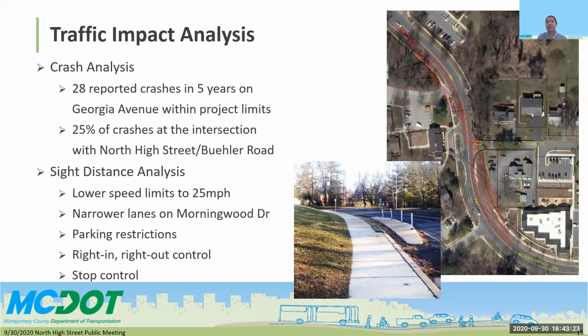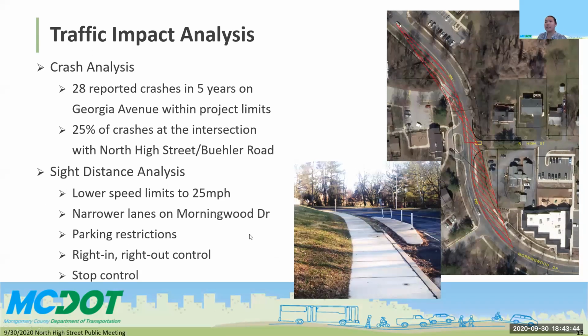We've also conducted sight distance analysis, and we recognize that there are 2 curves on Morningwood Drive that might not provide enough sight distance as it is. And so we have looked at different ways of making this work if we are to extend North High Street to Morningwood Drive.